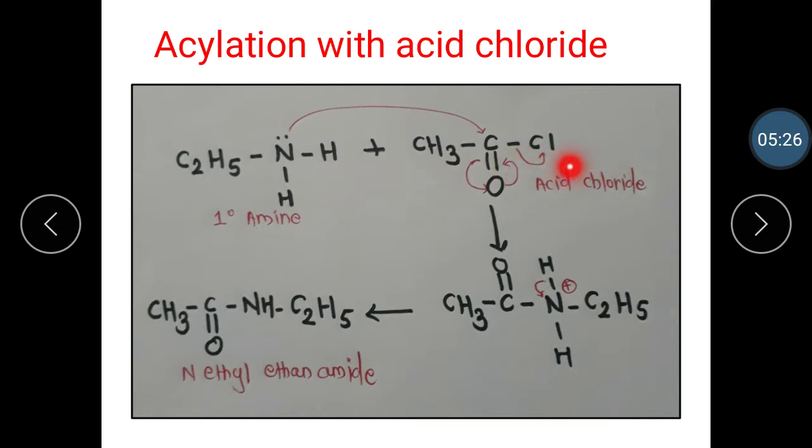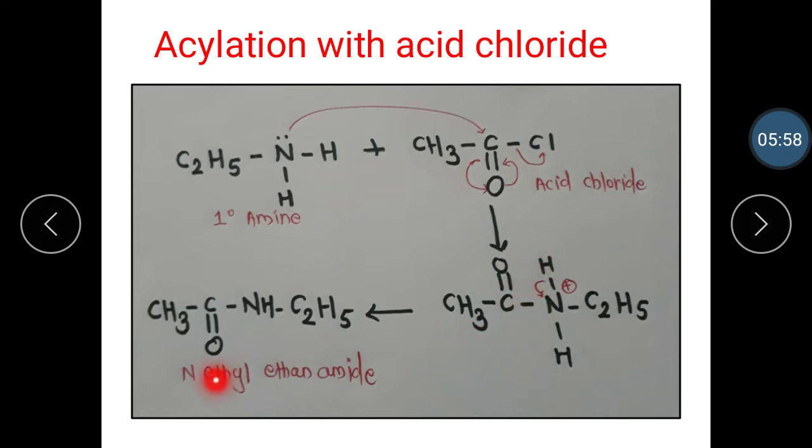This chlorine leaves. Then the new structure is formed: when nitrogen donates its lone pair to this carbon, there is a plus charge on nitrogen and this whole unit is joined with this carbon. Let's see here, CH3 carbon oxygen double bond and this NH2 and C2H5. On nitrogen there is a plus charge. This nitrogen is more electronegative, so it takes its electron from this hydrogen.